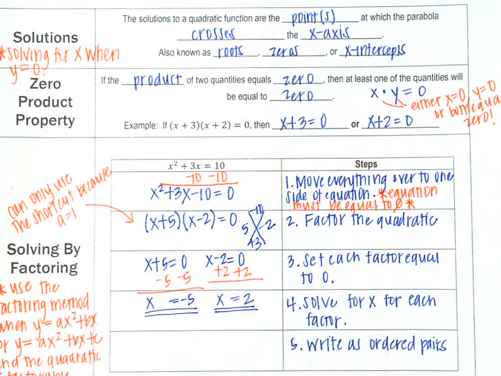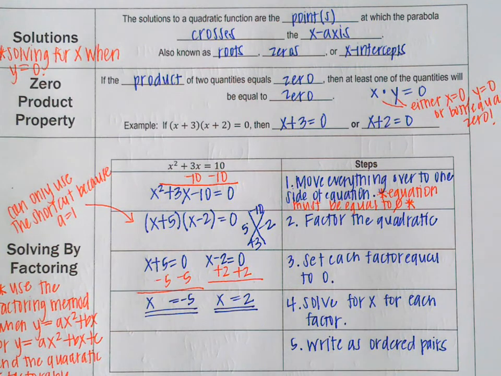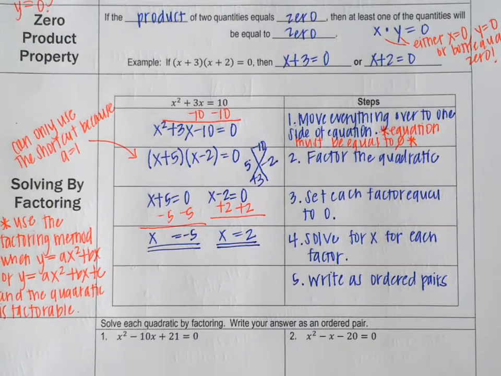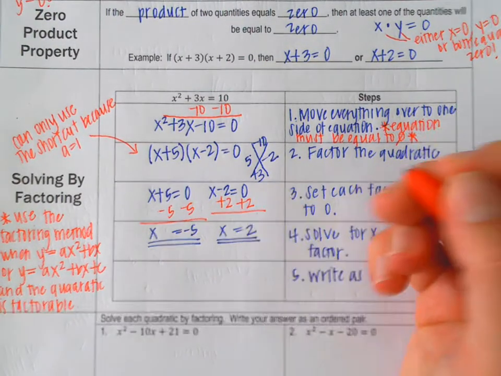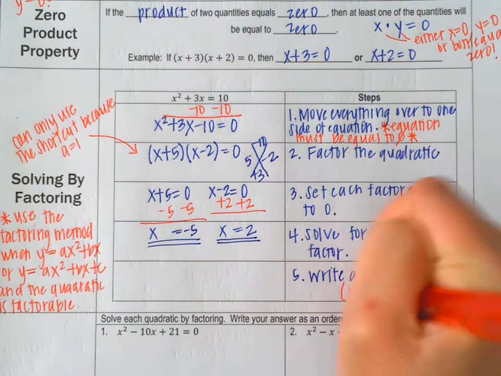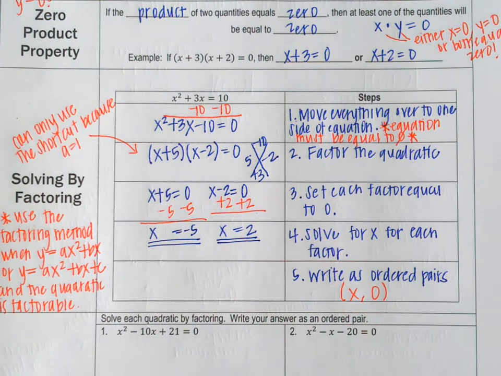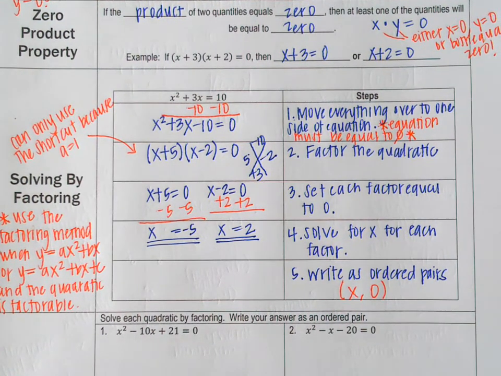Just like before with our y-intercepts, we solved for y when x is equal to 0. So for an ordered pair, you're always going to write it as x comma 0. The y will always be 0 in here because it's an x-intercept.